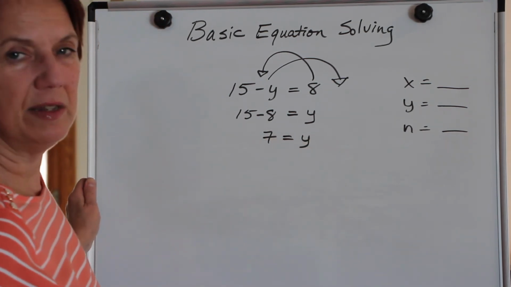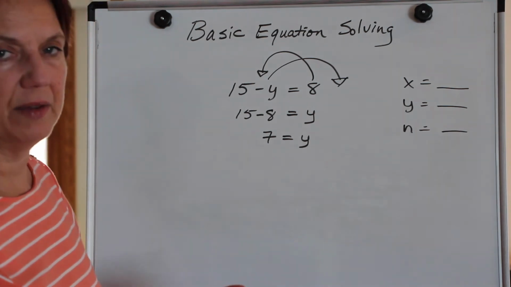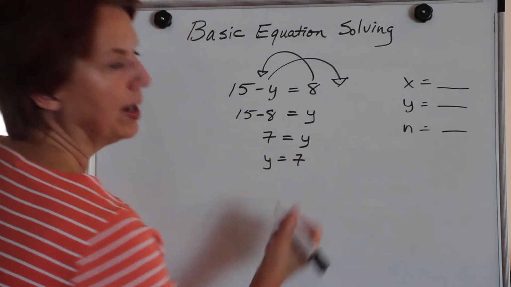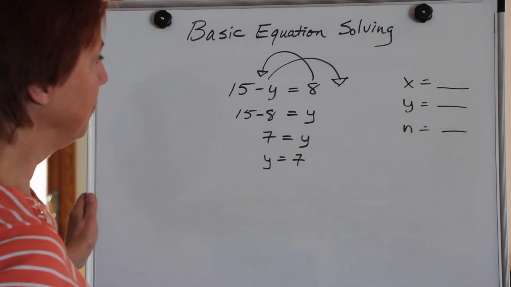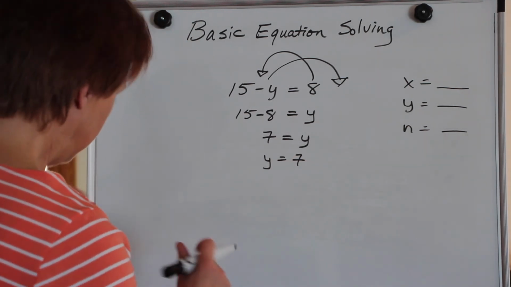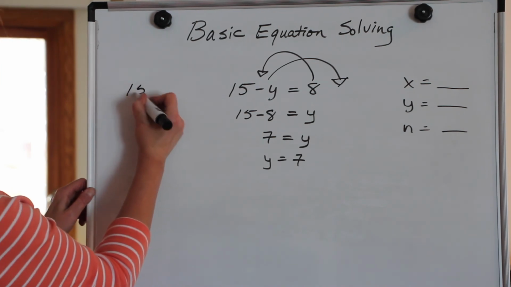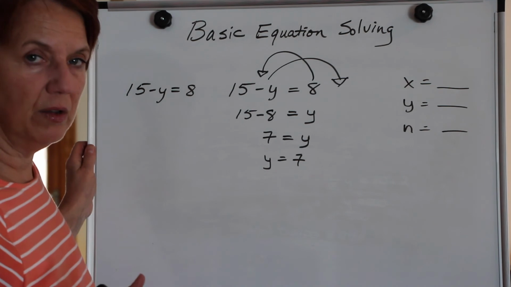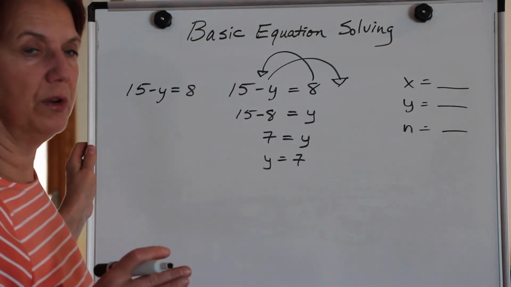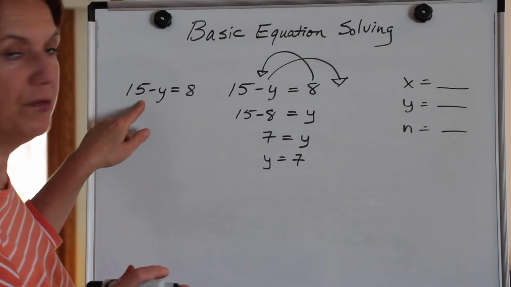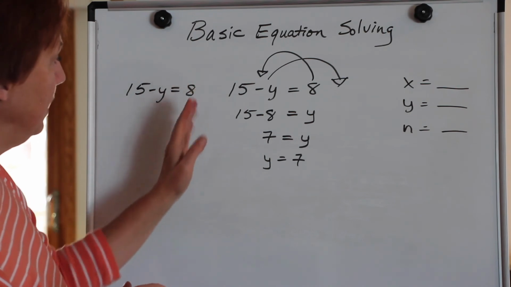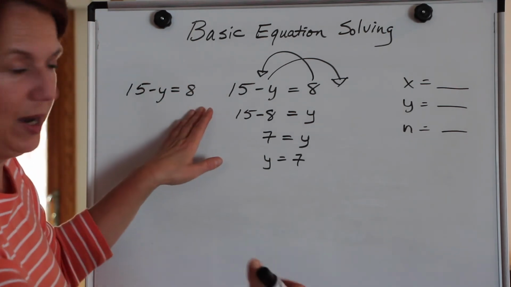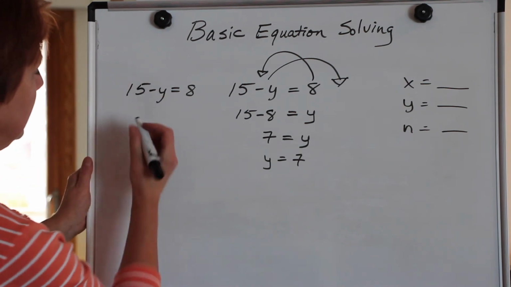Now I don't think there's any teacher that would take a mark off for you writing 7 equals y instead of y equals 7, but this is a better way to leave your answer, okay? It just is. Now let's see this done a different way. This time I'm not going to move the y, I'm only going to move the 15 over, because really what I want is I want my numbers, my constants, on the right, and I want my variables on the left.